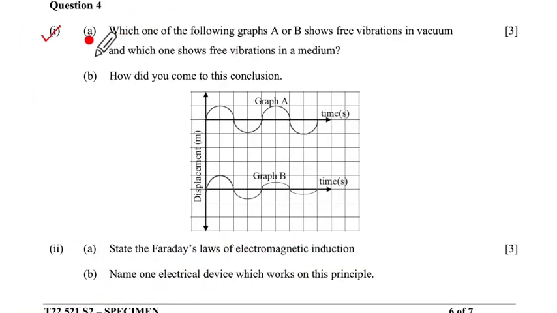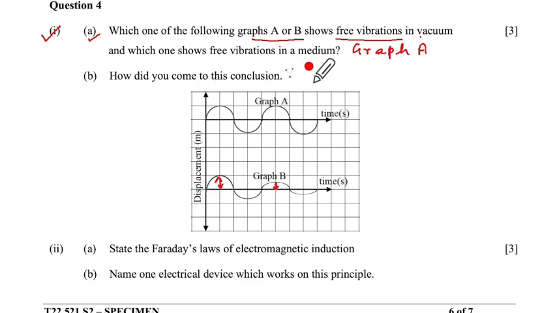First part. A. Which of the following graphs, A or B, shows free vibrations in vacuum? Now free vibrations in vacuum will have amplitude constant. Where is amplitude constant? Here you can see the amplitude is constant, but in graph B the amplitude is decreasing. Can you see that? It is decreasing. So it is going to be graph A. How did you come to this conclusion?